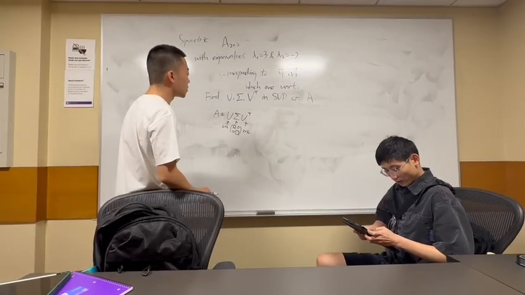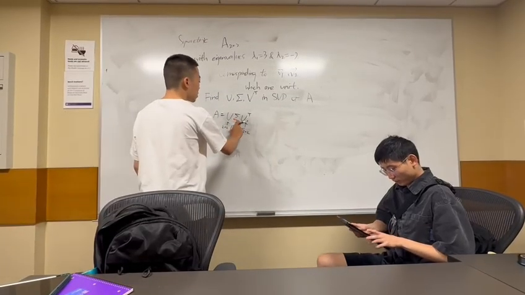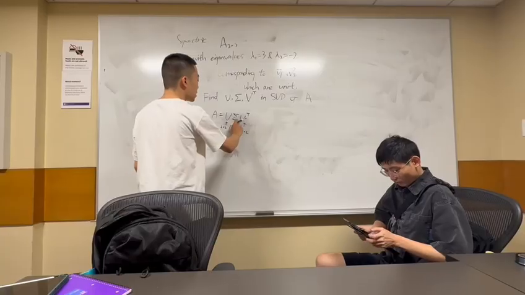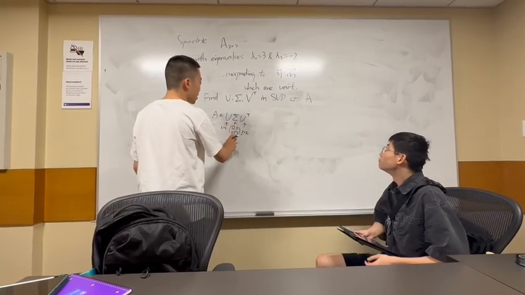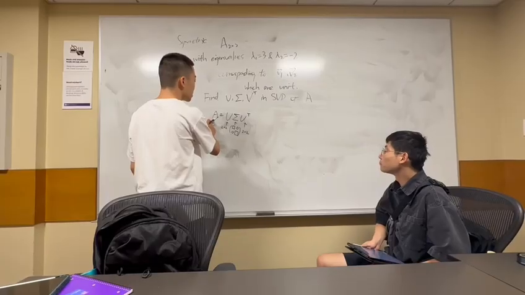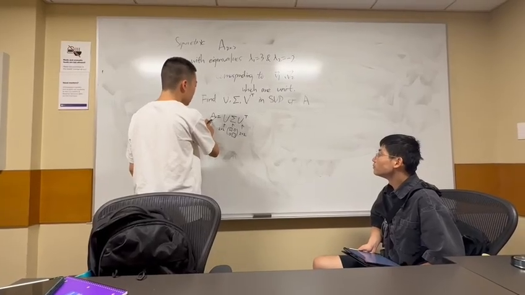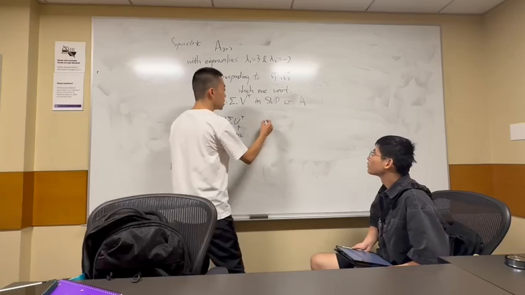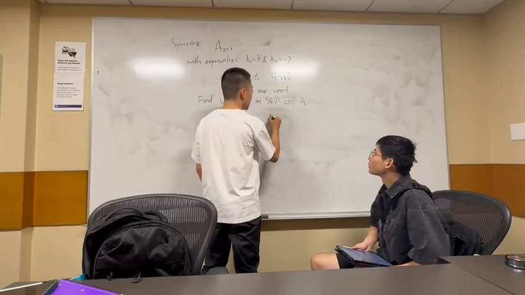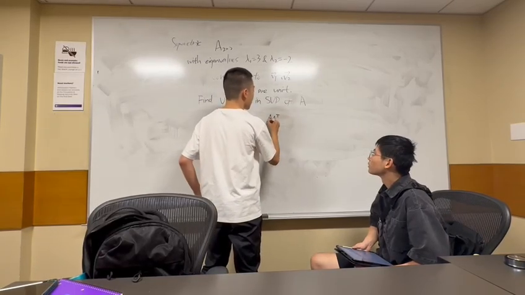And firstly, I want to calculate the matrix sigma, and we know that the diagonal elements are just the singular values of A. And to calculate the singular values of A, we need to calculate the eigenvalues of A times A transpose.